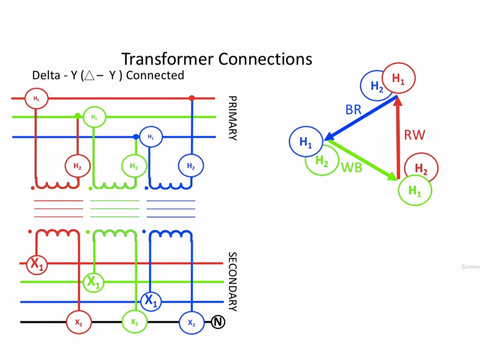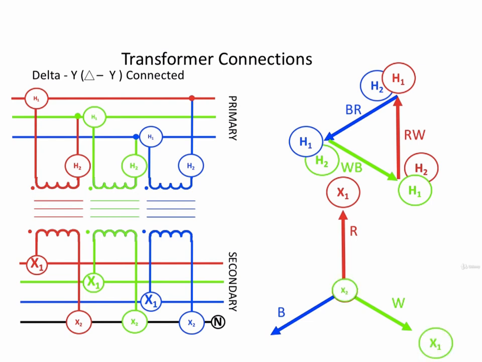You'll notice that the X2 terminals are jumpered to the X1 terminal of the adjacent phase so that you form that recognizable delta connection. On the secondary side, you have the red, white, and blue phases. The X1 to X2 are shown there.